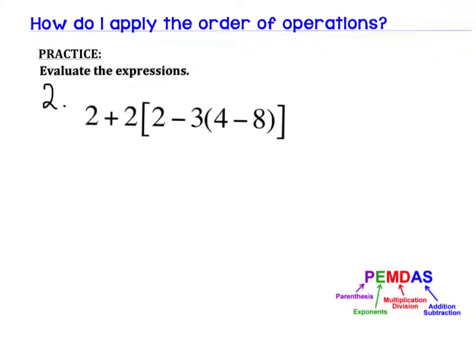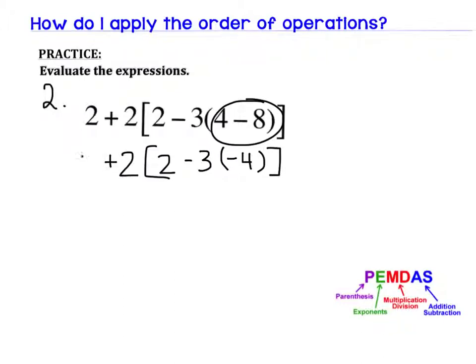All right, so let's go ahead and evaluate this next one. Well, it looks like I have 2 sets of parentheses here. And so I'm going to evaluate the part that is furthest on the inside. So I'll evaluate this part right here first. So I'm going to take 4 minus 8, and I'm going to have a negative 4. Now again, it's always a really good idea to rewrite and clean up your problem. I know it takes a little bit of extra time, but it will in the end help you out.